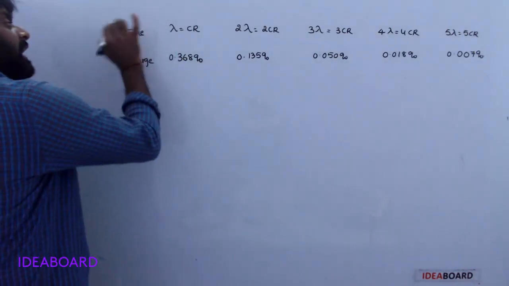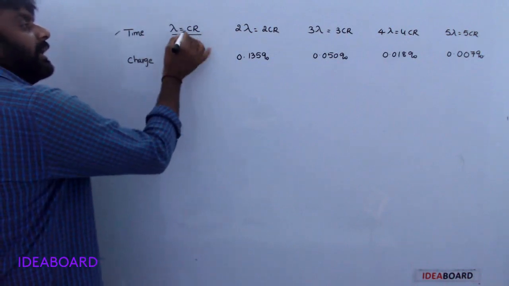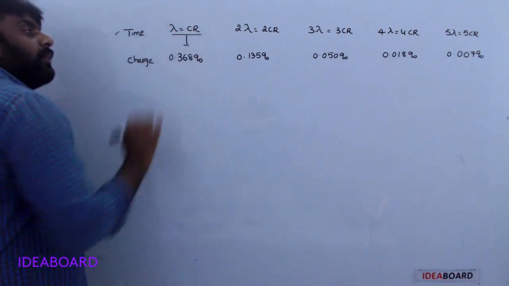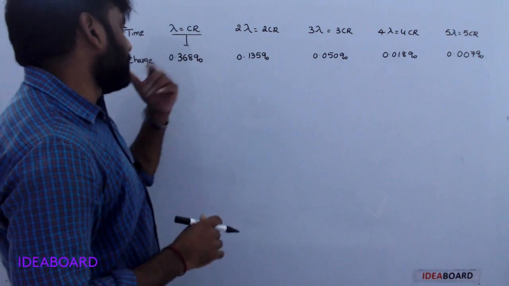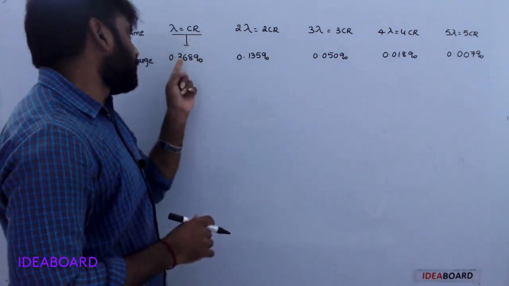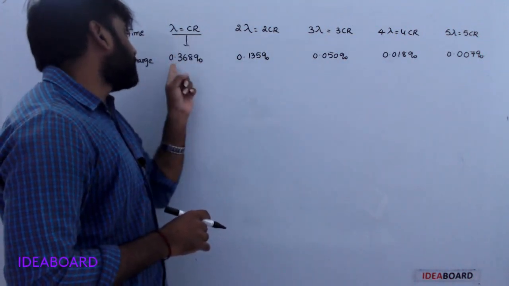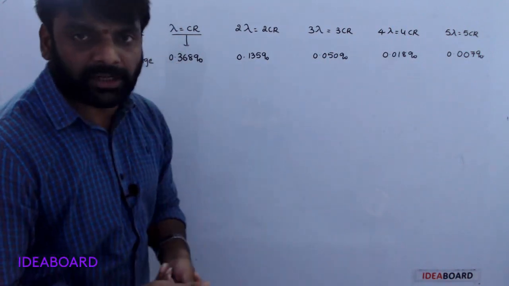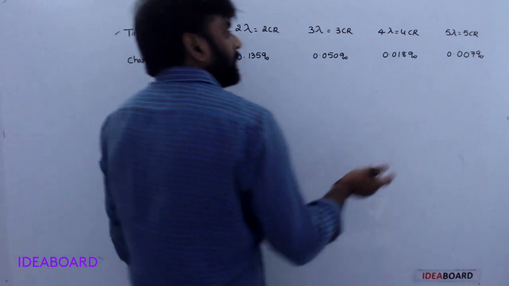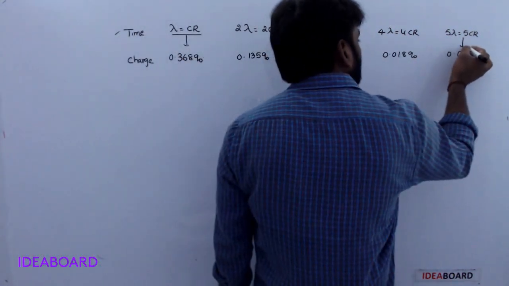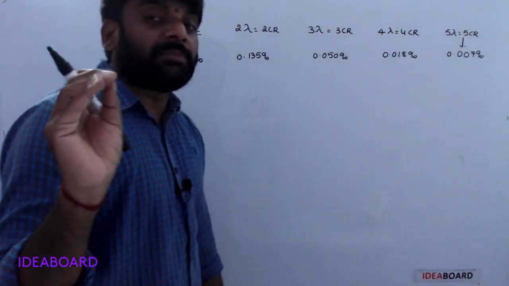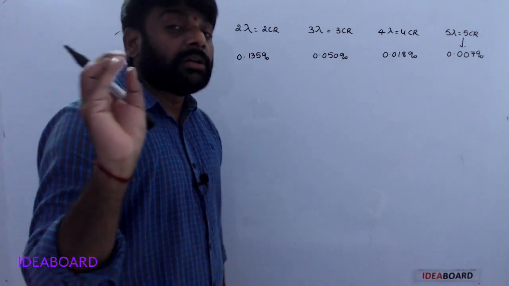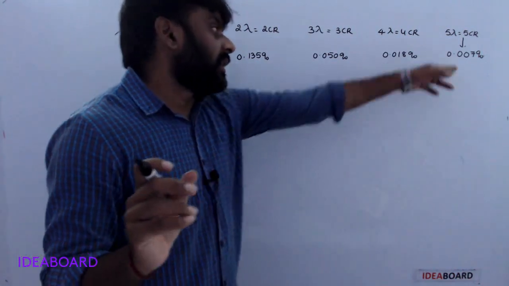Next, practically, at one capacitive time constant, the charge in a capacitor is 0.368, approximately 0.37. It is almost 0 after 5 capacitive time constants.